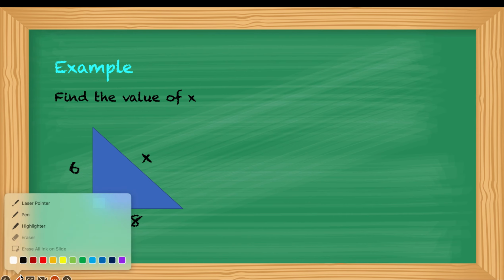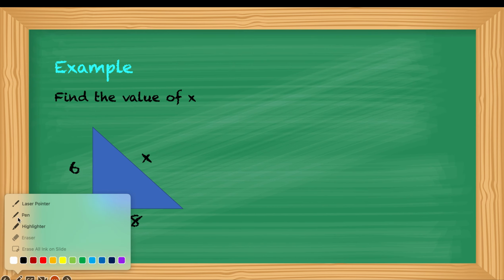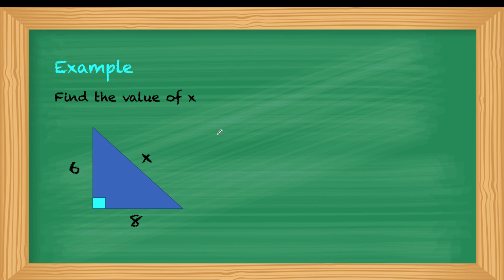So let's say we are given the perpendicular side to be 6, the base is 8, and we need to find x in this case, which is the hypotenuse. So we would have our a squared plus our b squared, which would be equal to c squared.